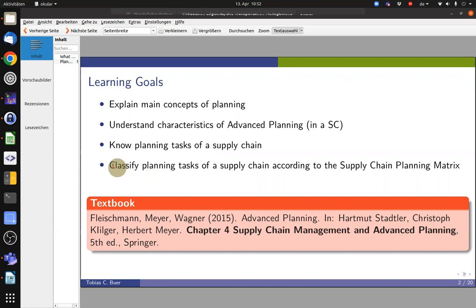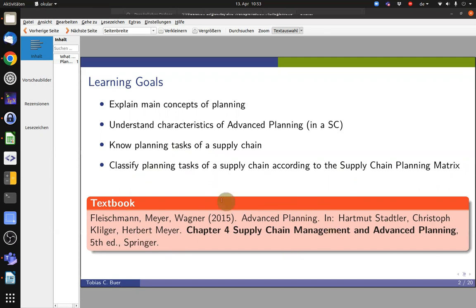And then one of the most important things for today's lecture, we will have a look at the so-called supply chain planning matrix, and you will be able to classify, to structure different planning tasks according to this planning matrix.